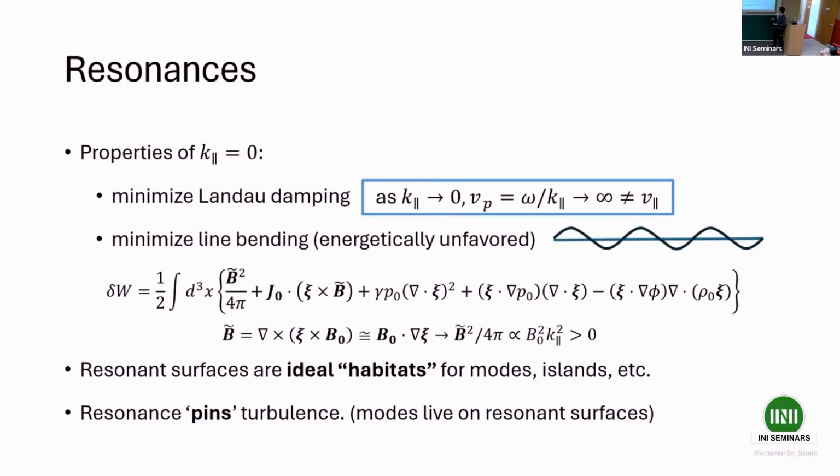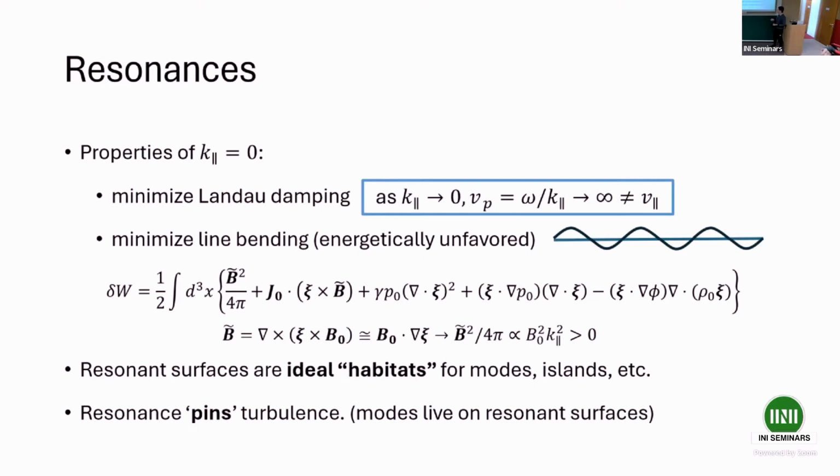It's proportional to B0 squared and k parallel squared. So in the limit of low beta, this term could dominate, and k parallel squared equals 0 means this term vanishes. But if k parallel squared is not equal to 0, there is a very strong stabilization effect, which can stop the mode growth.